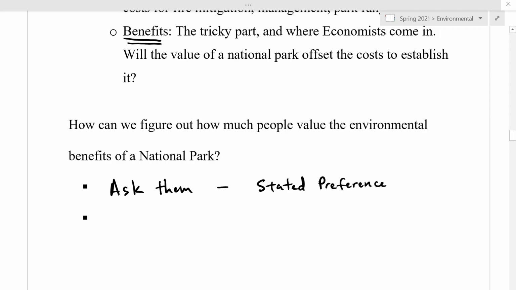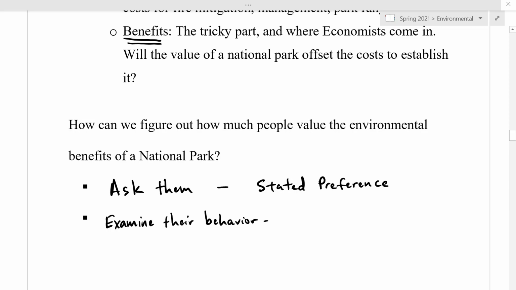So I can state through a survey how much I value national parks. So you can ask them, or you can examine their behavior.